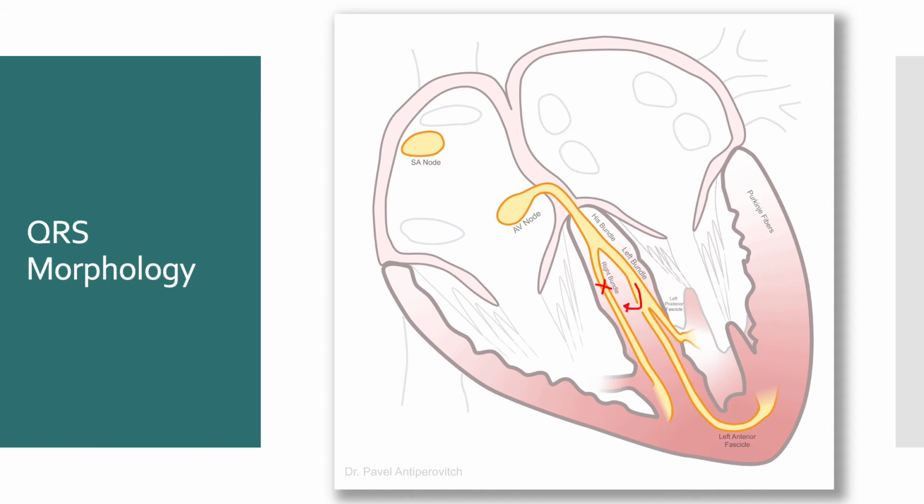So there's some signal that exits and activates the septum in a left to right fashion. That's why when you have a right bundle branch block, the first part of the QRS actually looks the same as a narrow QRS, because the septum is activating normally and the left bundle is able to quickly activate the majority of the muscle, which is the left ventricle.